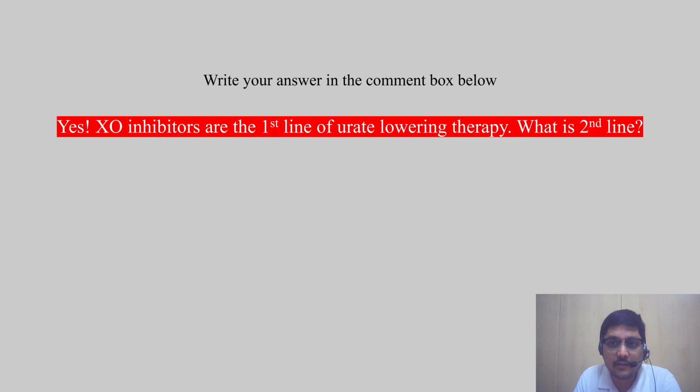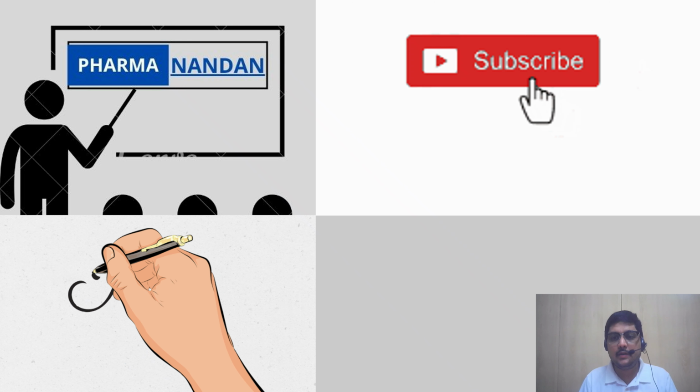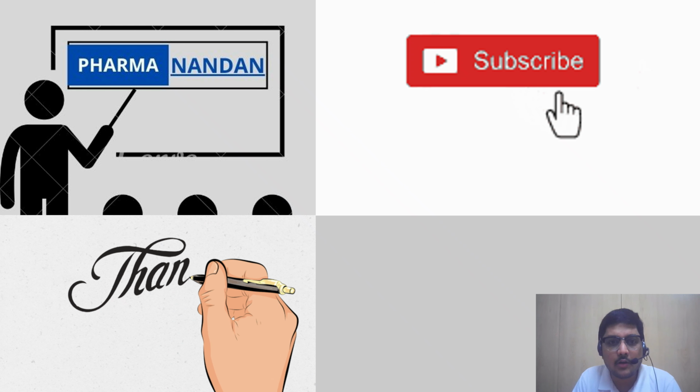The second line of urate lowering therapy is uricosuric agents, which are probenecid, lesinurad, etc. Okay, also benzbromarone, losartan and dotinurad. So by now, the pharmacotherapy of gout is completed.